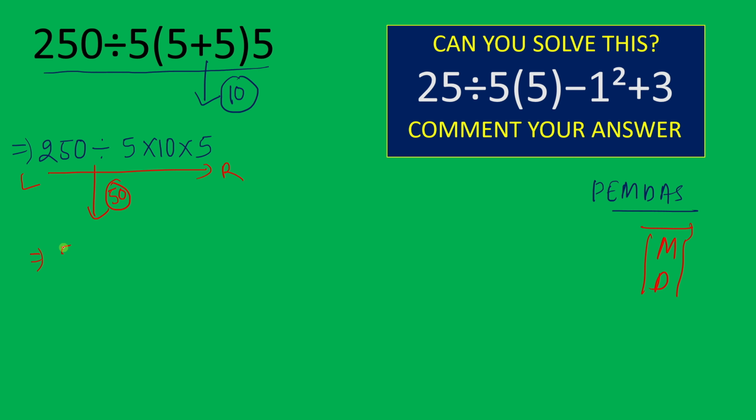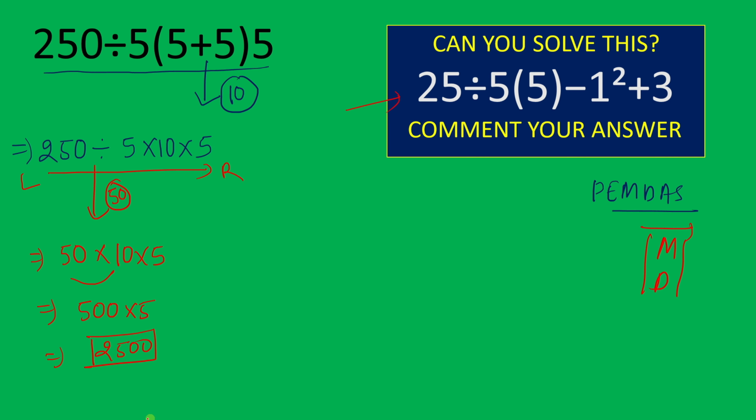So we can write 50 in this place. Now we repeat that: 50 times 10 will give the result 500, and then 500 times 5 will give the result 2500, which is the right answer.